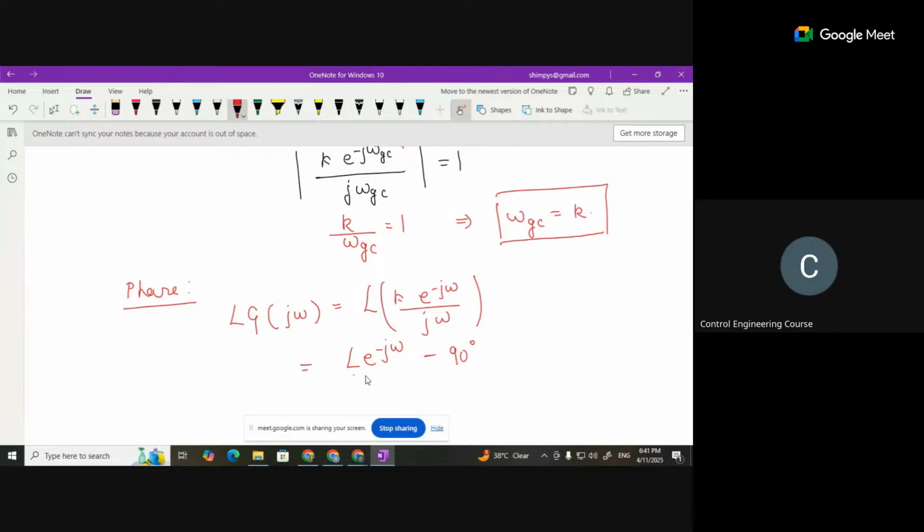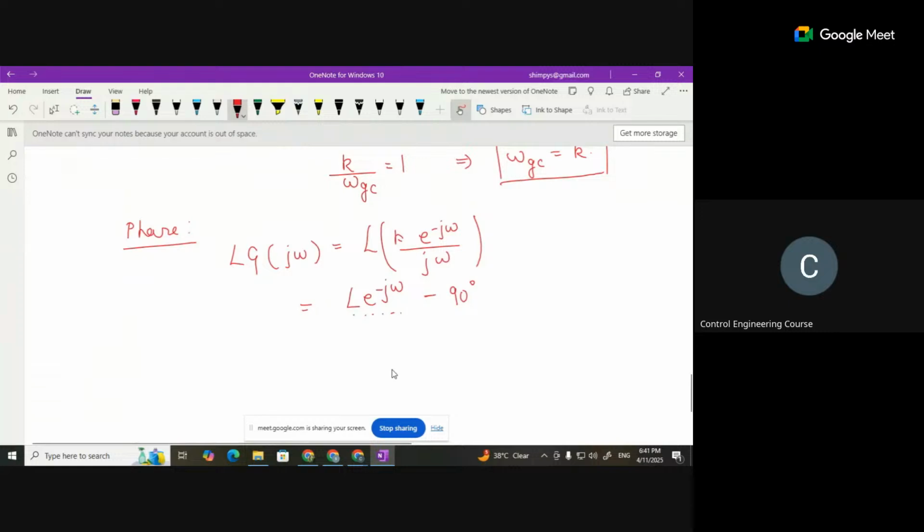What about this factor? How much angle is it going to contribute? The angle of e to the power minus j omega is minus omega. This is in radians. It is minus omega, not omega.